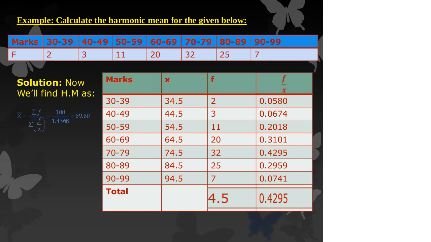When you're talking about the number of observations, we come to where we had our table, the F column. We are going to add 2 plus 3 plus 11 plus 20 plus 32 plus 25 plus 7 to give us the number of observations. So the number of observations is the summation of F. What's the answer?